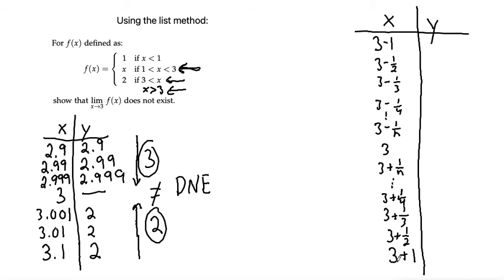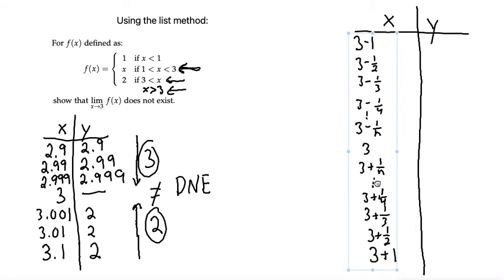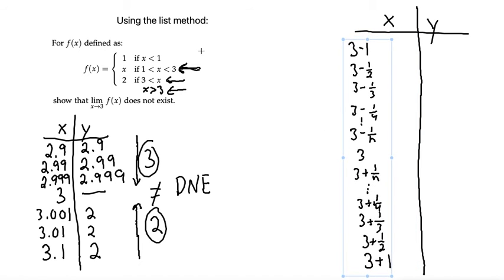So if we take a look at these values, let me move these all over and simplify. 3 minus 1 is equal to 2. 3 minus 1/2 is 2.5. 3 minus 1/3 would be 2.3 repeating.